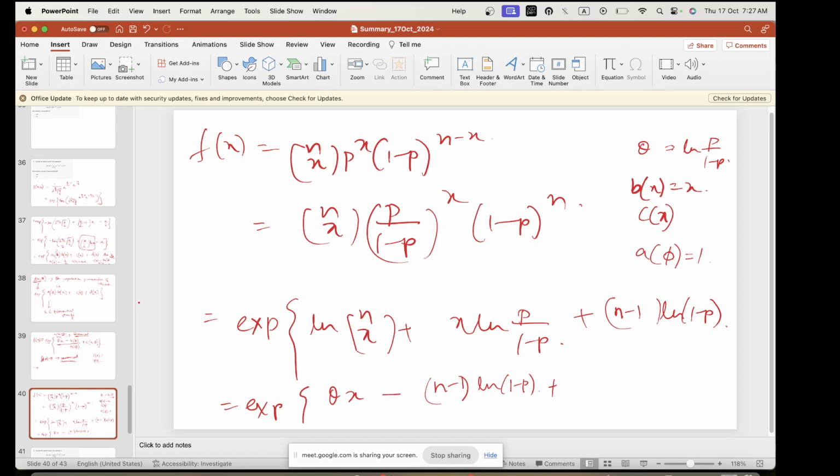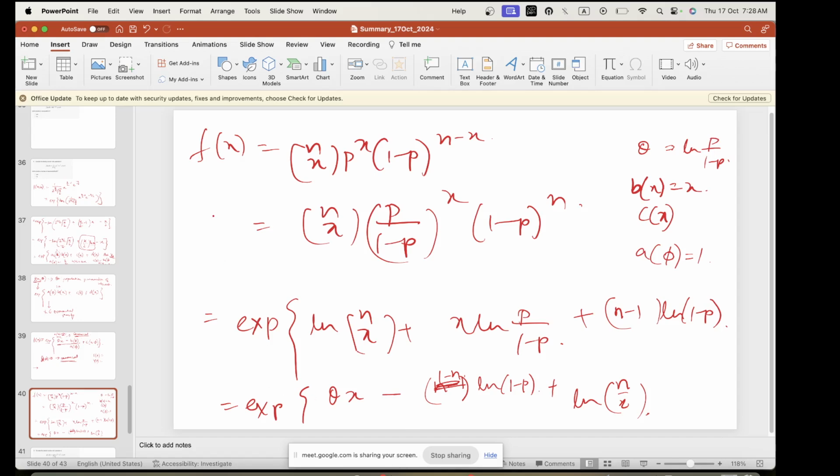Plus c(x, phi). So that would be plus ln nCx. So theta x minus, okay, so this will be n ln (1 minus p), I think.